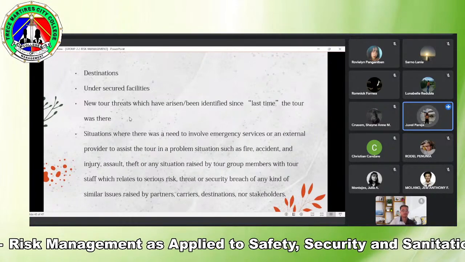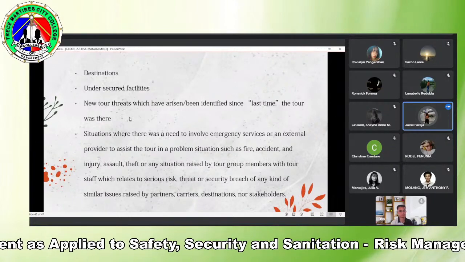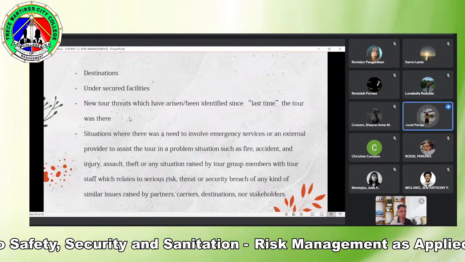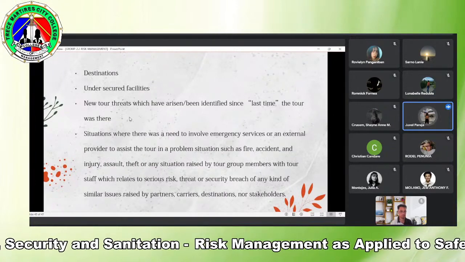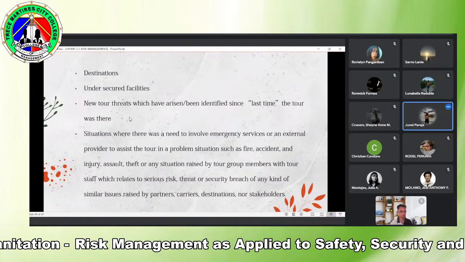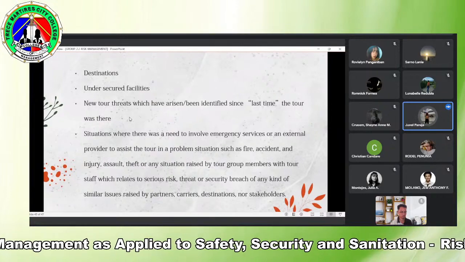New tour threats which have arisen or been identified since last time the tour was there. Under secured facilities po pala. Isang ari-arian na hindi pa 100% na-determine and kulang sa security or hindi pa siya safe gamitin.